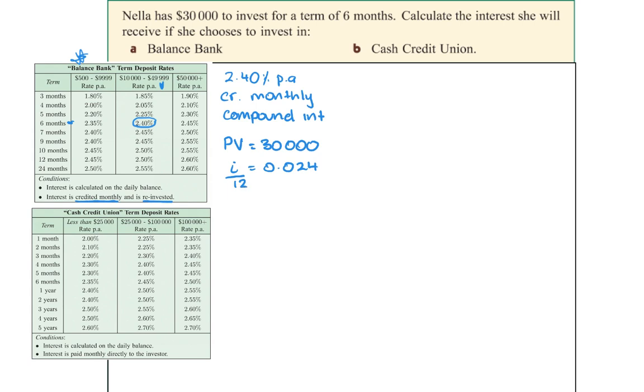So there's 12 compounding periods. KN, 12 times a half, because she's going for half a year. So that's 6.